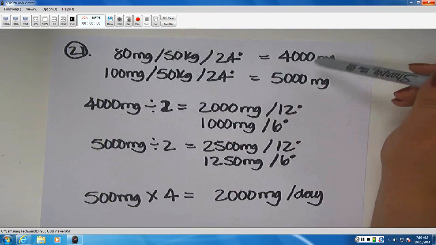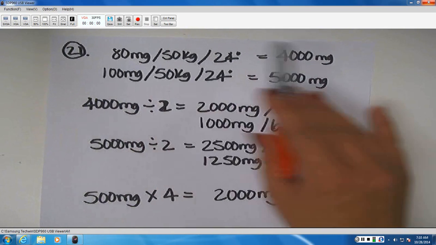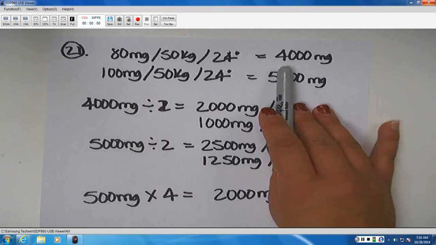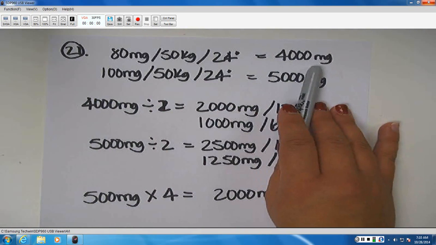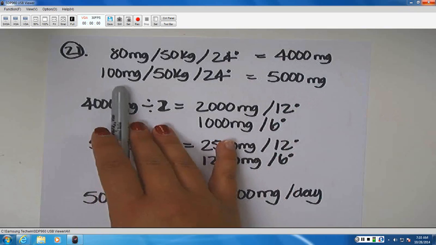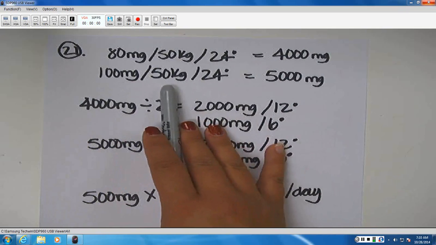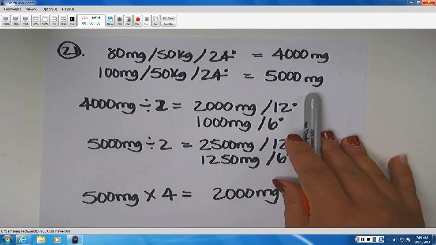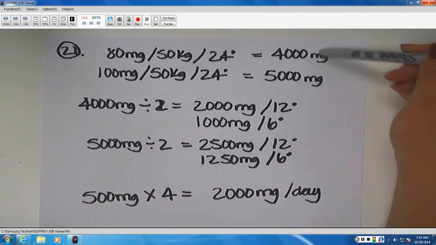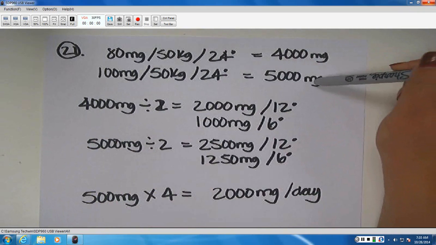So if you're going to give 80 milligrams per kilogram in a day's total, you can give up to 4,000 milligrams. And if you do the highest end of 100 milligrams of the Amoxil, 100 milligrams times 50 kilograms is 5,000 milligrams. So in a 24-hour period, this is the maximum dose.